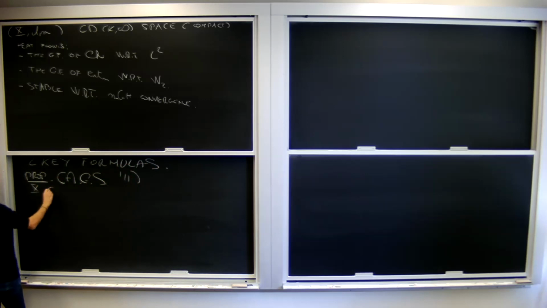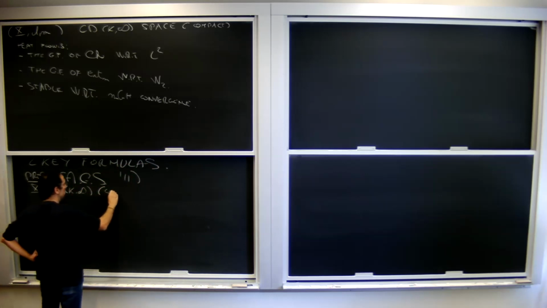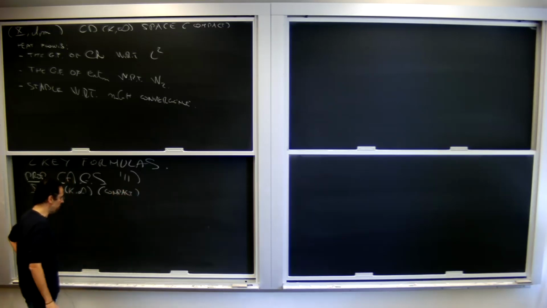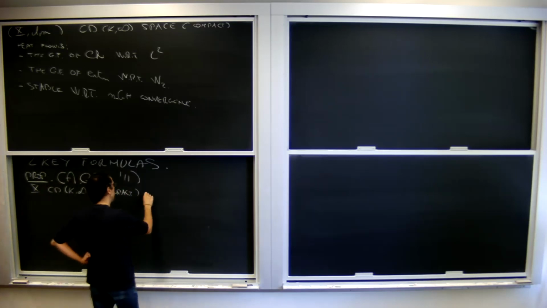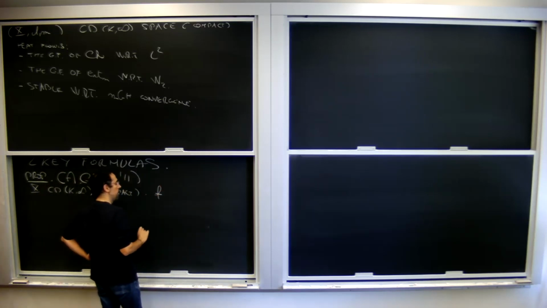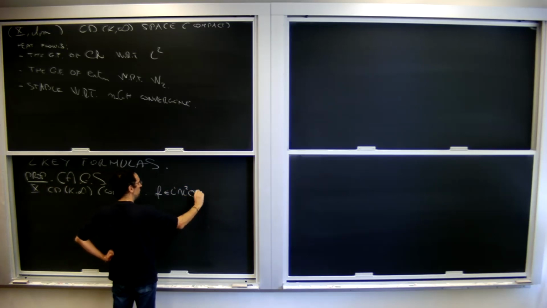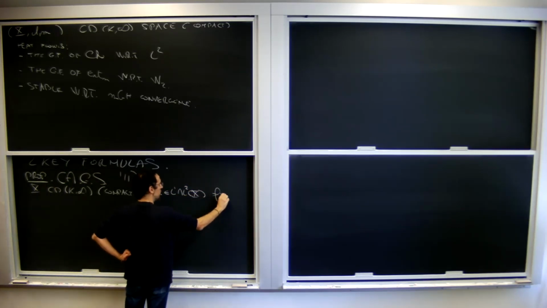So X is CD(K, infinity), let's say compact, it's not needed, and let f be a probability density, which is also in L2, so it's not negative.